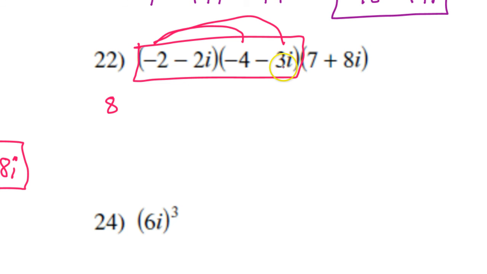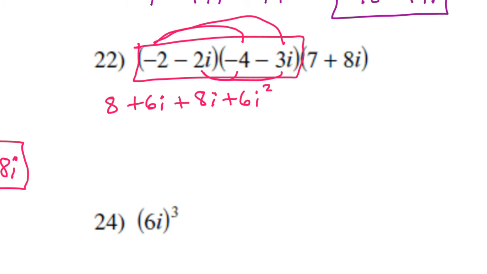Negative 2 times negative 3i is going to be positive 6i. And then I'm going to do this guy. Negative 2i times negative 4 is positive 8i. Negative 2i times negative 3i is positive 6i squared.